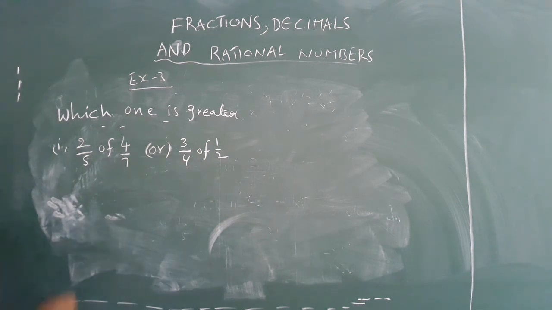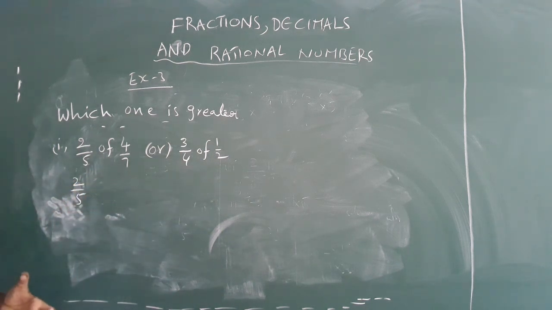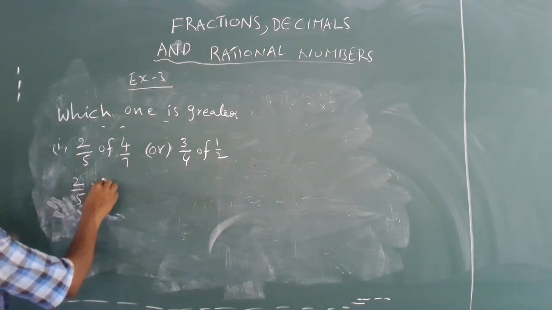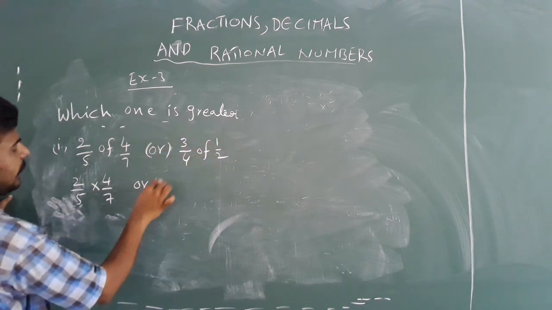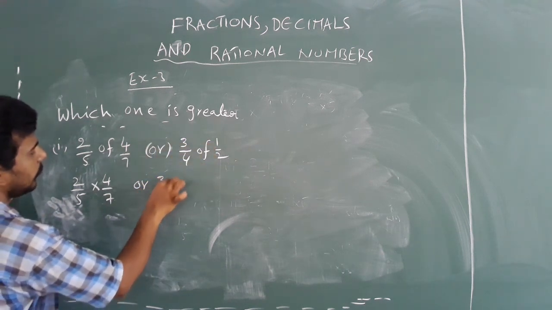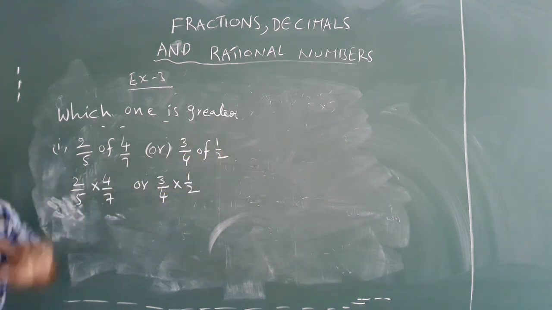First take this one. 2 by 5 of, what does it mean, children? Into, do multiplication. Into 4 by 7. Or, next, 3 by 4 into 1 by 2.